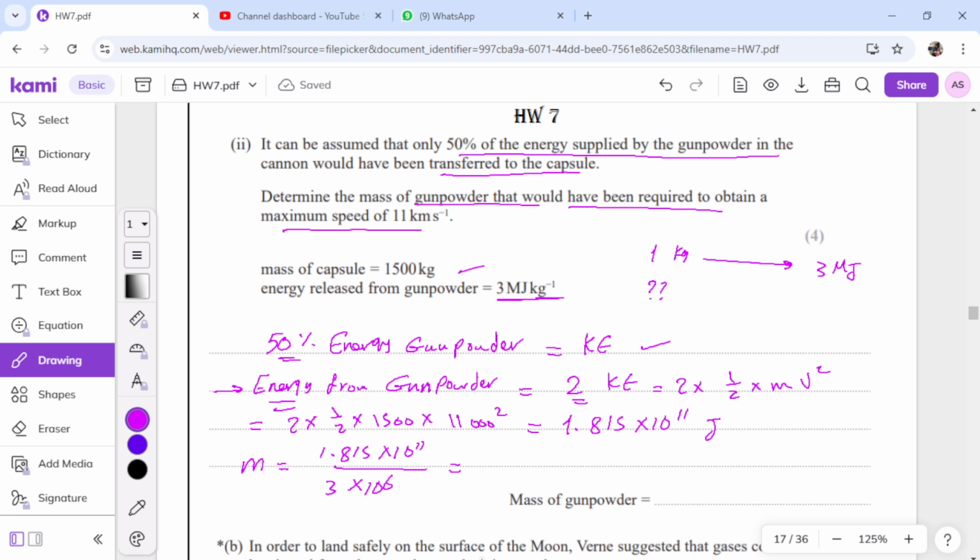So how many kilograms will give me 1.815 multiply 10 power 11? Cross multiplication. This is why I divide this over 3. So the final answer is 6.05 multiply 10 power 4 kilogram. It can be rounded to 6.1 multiply 10 power 4 kilogram.